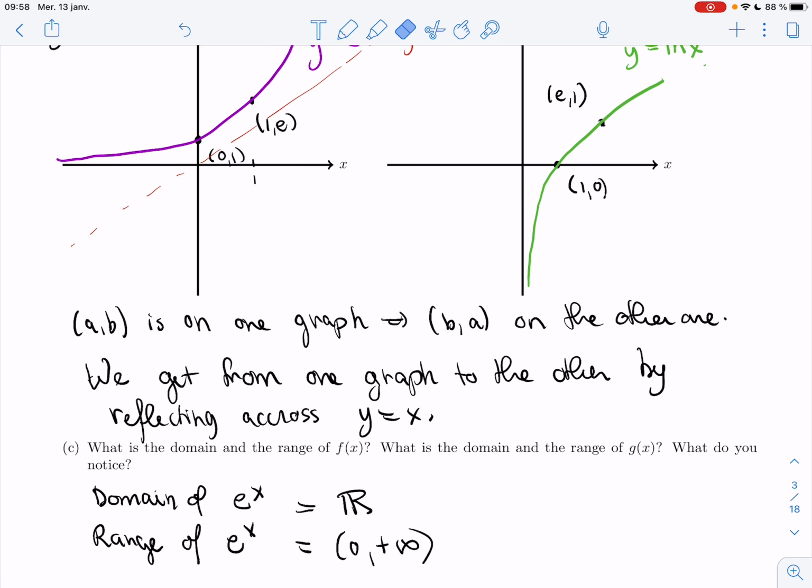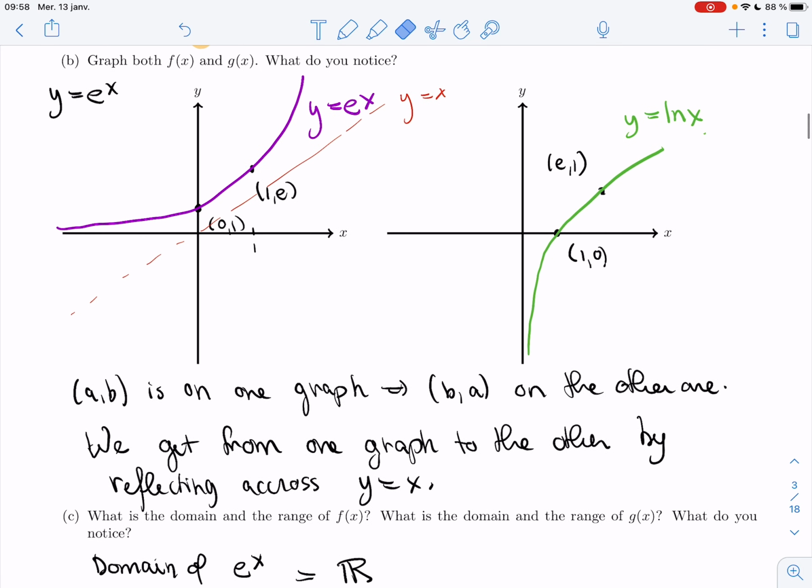All right, now let's look at ln of x. If I'm looking at the domain, those are the x values that I'm allowed to take. I'm only allowed to take these on that side. There's no graph on this side.